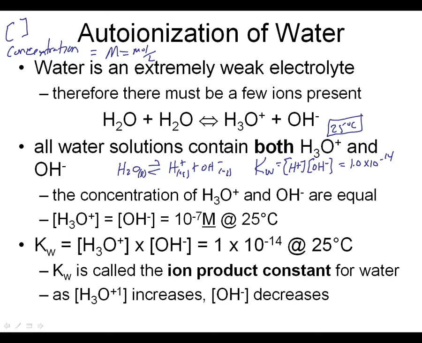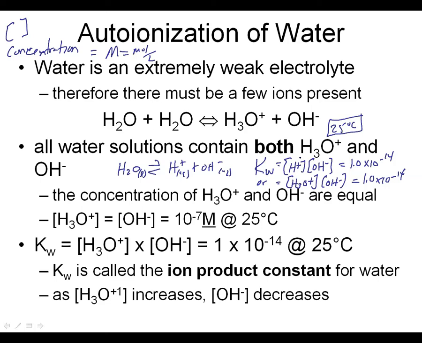Now, in this formula, this is probably how I'll write it most of the time, but you can write it KW equals [H3O+][OH-] equals 1 times 10 to the minus 14. So again, the H+, H3O+, as I mentioned before, you'll see it used sort of interchangeably in both formulas and also reactions or equations. And again here, H+, H3O+, same deal.